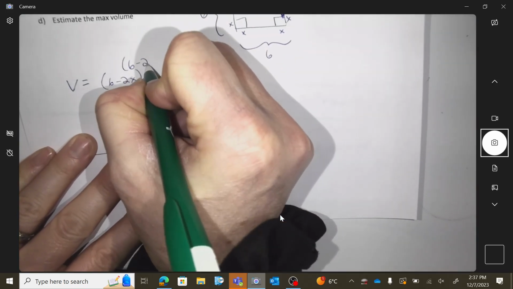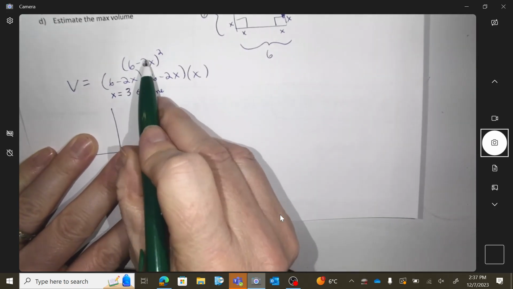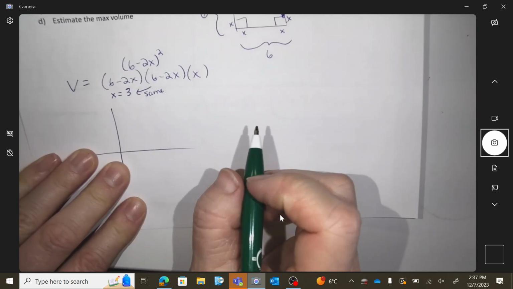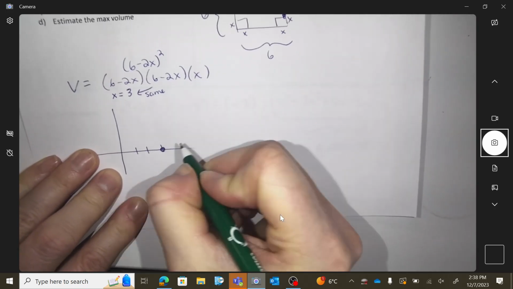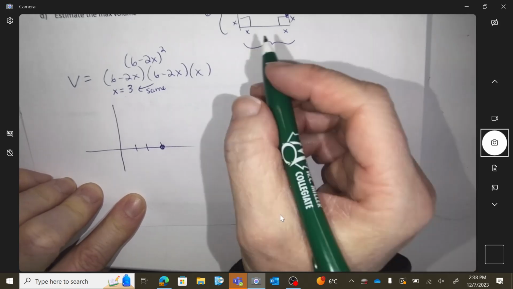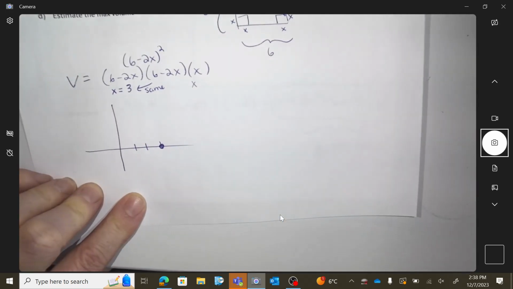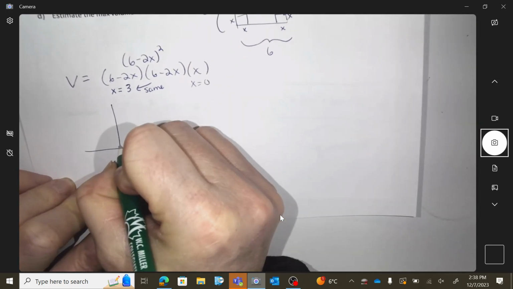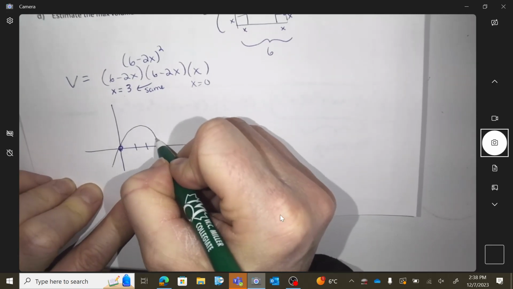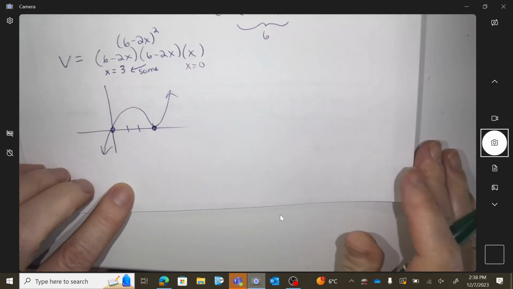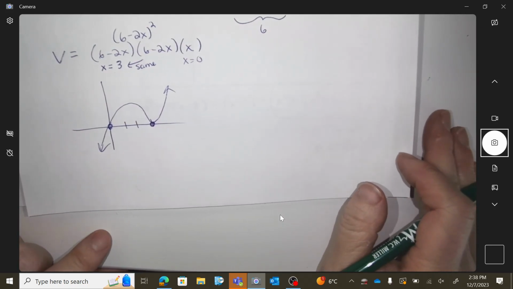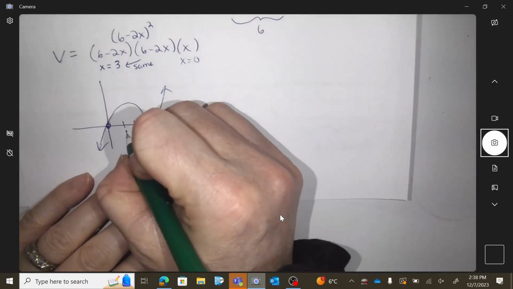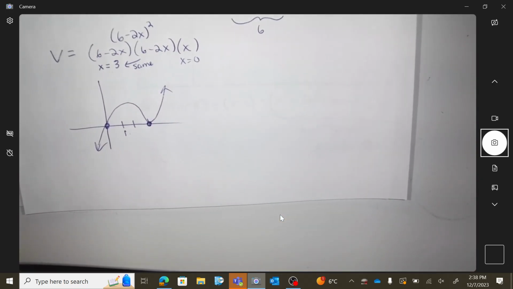You could have also written this, either one. So 3. What's going to happen at 3 then? There's going to be a bounce. And what's the x-intercept of that bracket? X would have to be 0. Okay, so there we go.